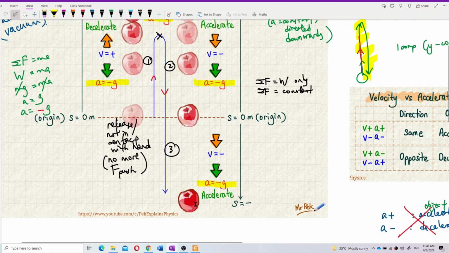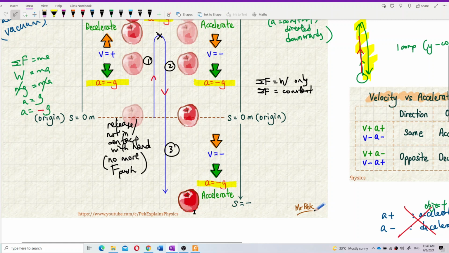Or you throw the ball up from a building, it returns to the same building, but then goes to the ground below the building.